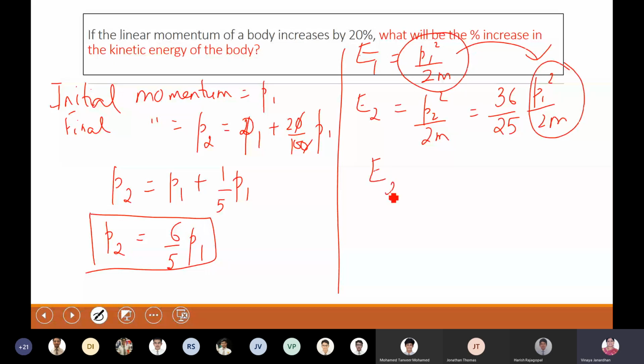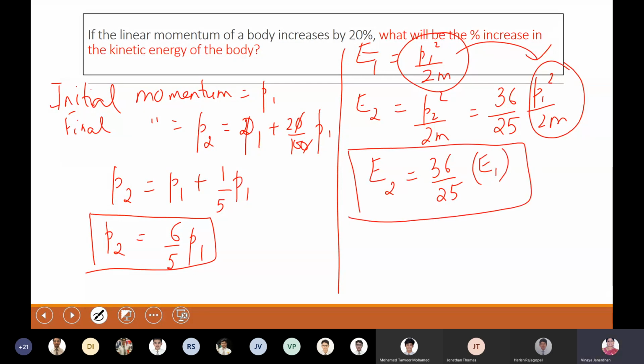So E2 becomes equal to 36 by 25 times E1. Correct?